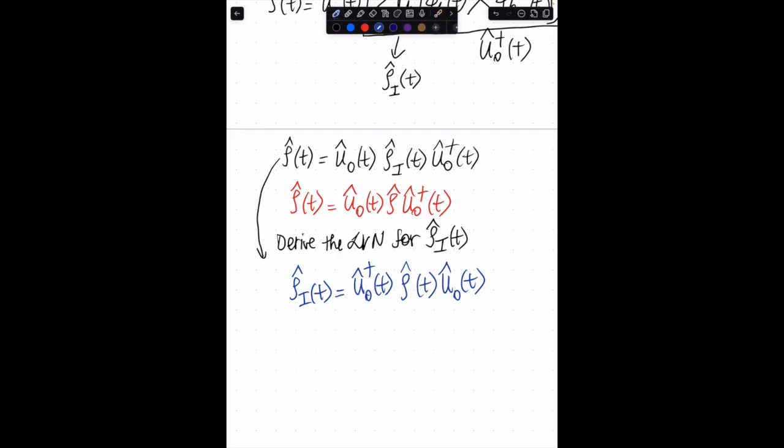So this equation is in terms of the interaction density operator written in terms of the full density operator.